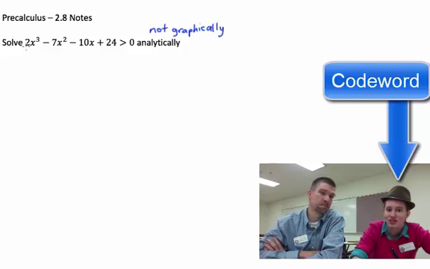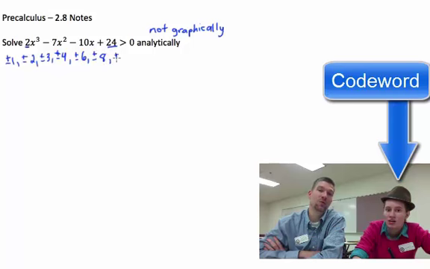Rational zeros theorem. Okay, so remember we use these two numbers. We're saying the factors of 24, of which there are several: 1, 2, 3, 4, 6, 8, 12, and finally 24.